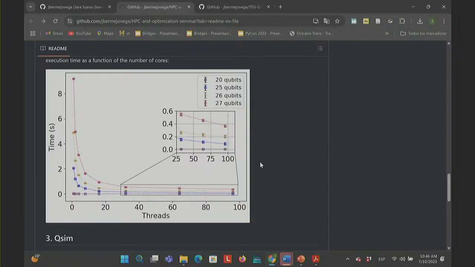Typically, you introduce more threads and you have an advantage, but problems that are hard to parallelize sometimes get negative improvements if you add too many threads, because communication scales up and you run out of memory also. But here, with this software, you can see that matrix multiplication of deep entangled circuits can be parallelized a lot. We use up to 96 cores. The performance doesn't get worse, although it saturates at some point. It's not actually so worth it to use all of the cores.